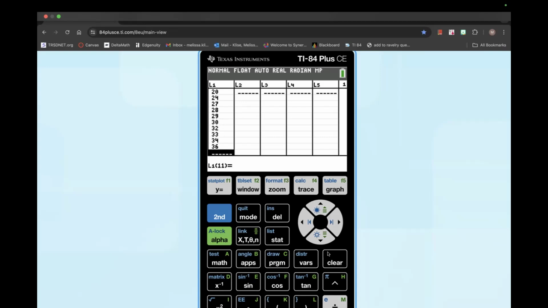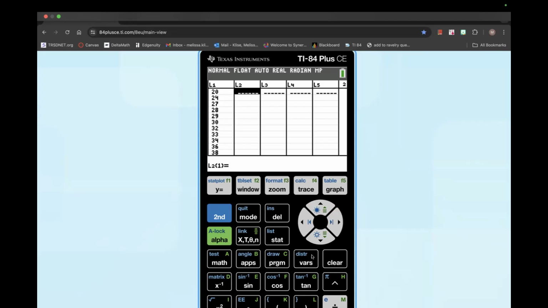I have a quick question, Melissa. My calculator started writing it below instead of at the top on the graph. How would I fix that? So what do you mean, start writing it below? Where it says L1 parentheses 1. It'll put it underneath after you clear it out. It's just going in a line instead of putting it back on the L1.